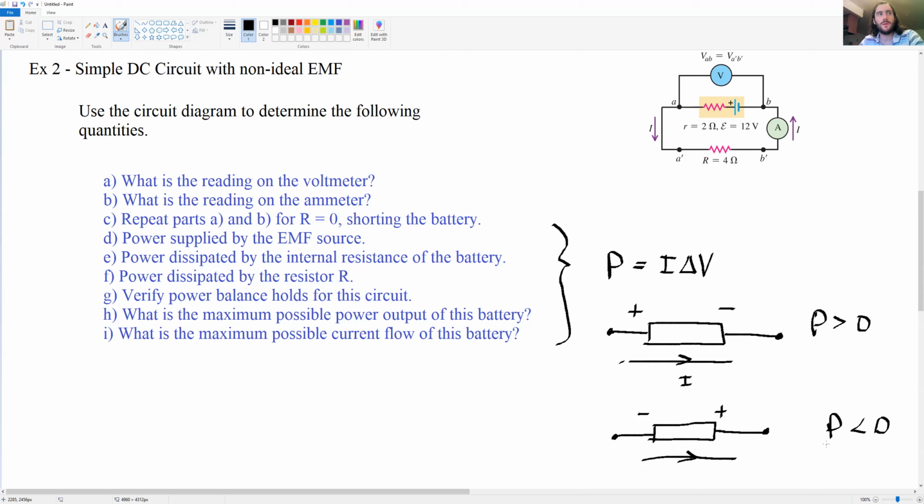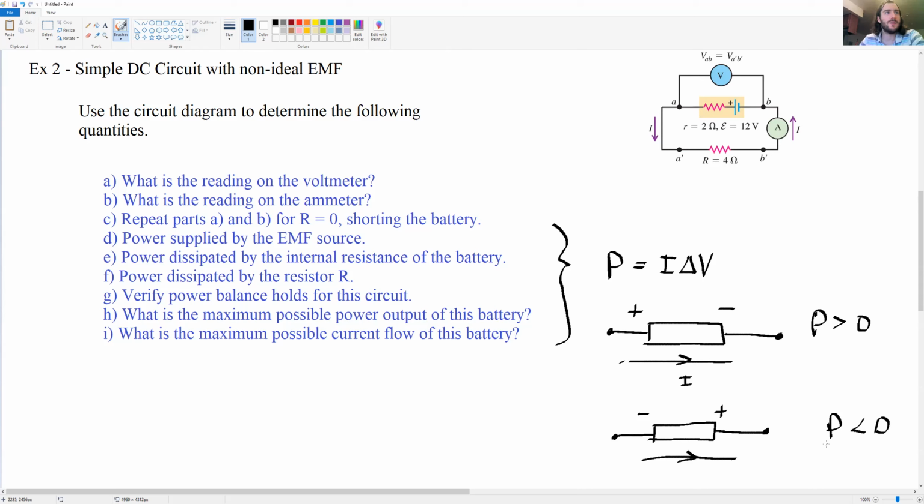I drew these figures here, but in the lecture, I believe I switched the direction of the current, but I kept the potential difference polarity the same. Here, I'm keeping the direction of the current the same, and I'm flipping the polarity of the voltage. The point is the power is greater than zero, and it is dissipating when the current flows from high to low potential.